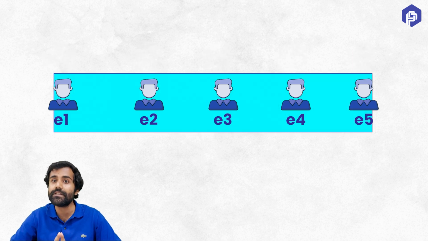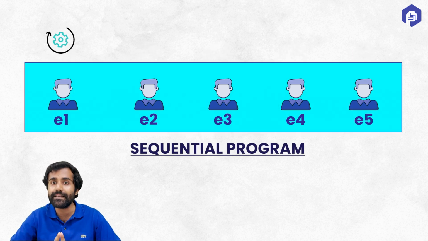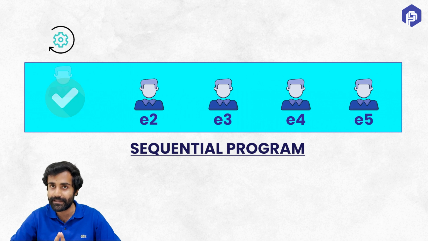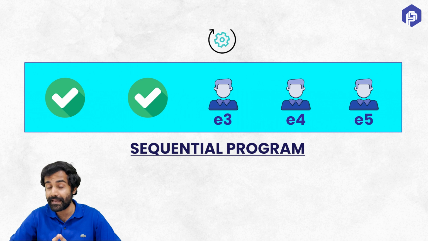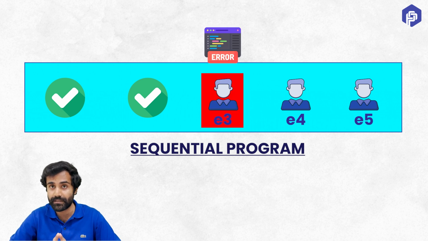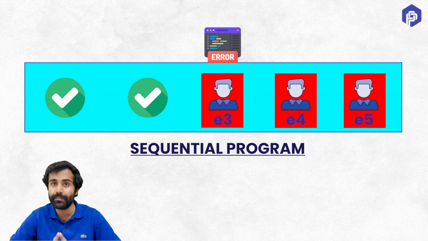So if you have a sequential program which is iterating one by one on the list of employees, and let's say for a certain employee you encountered an unhandled error or exception, in that case everything will crash. In that case, you will not be able to process the other employees as well.